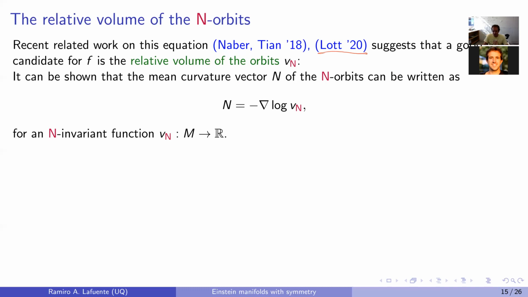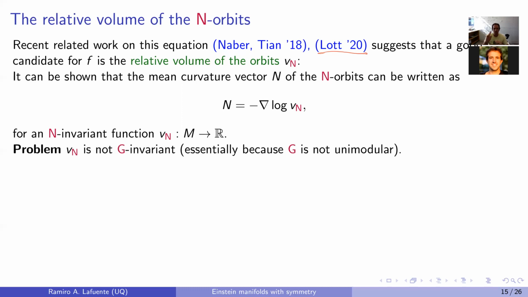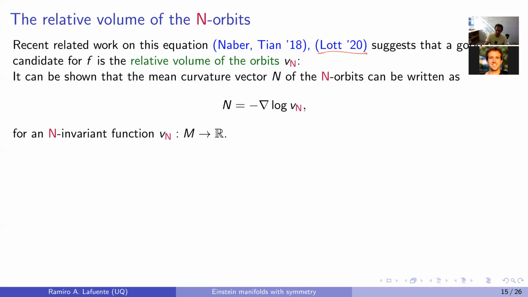But for us, unfortunately, it won't be enough, because I emphasized in the previous slide that the function we're looking for has to be G invariant. And there's a very explicit expression for V_N.